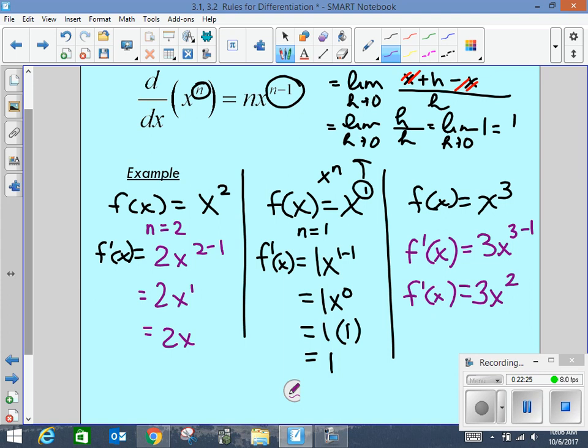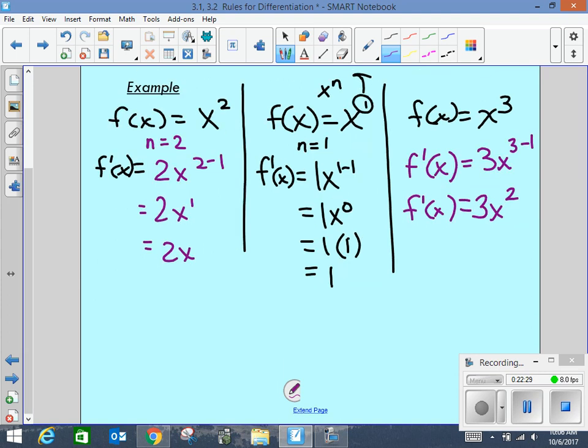F of x equals x cubed, and f prime is 3x squared. Don't say that f and f prime are equal to each other because they rarely are. A lot of times we start taking shortcuts and then we take the whole name off. That's a problem. Okay? All right.